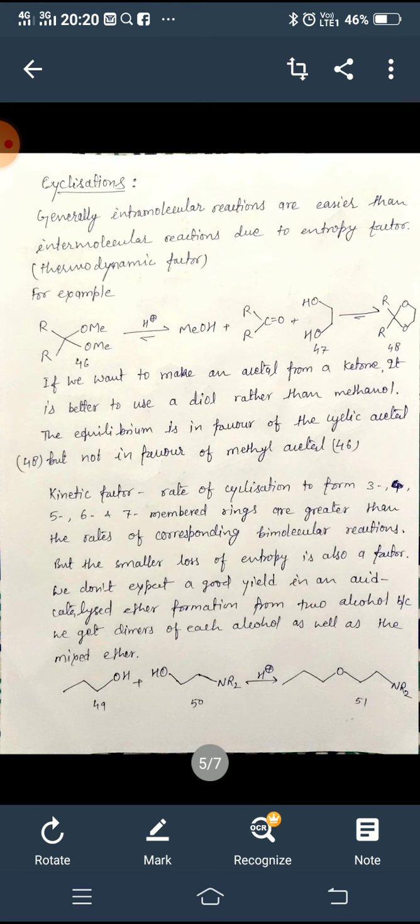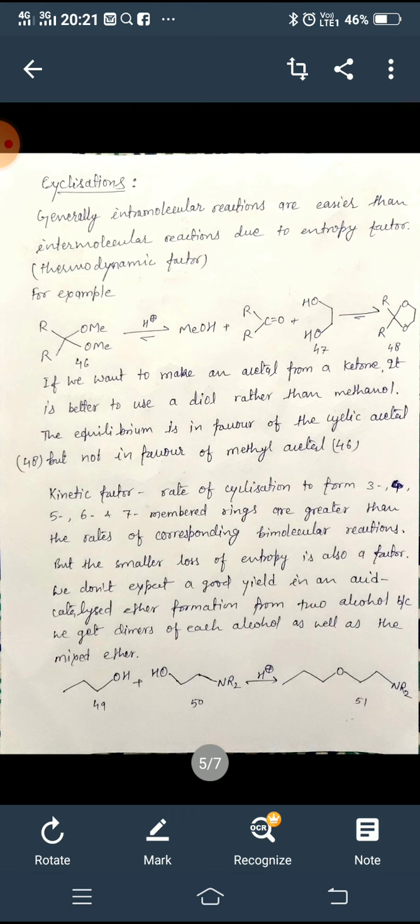So when we talk about the formation of the acetal, there are two types of reaction. We can make the acetal from methanol and ketone, and we can make the acetal from ketone and diols.